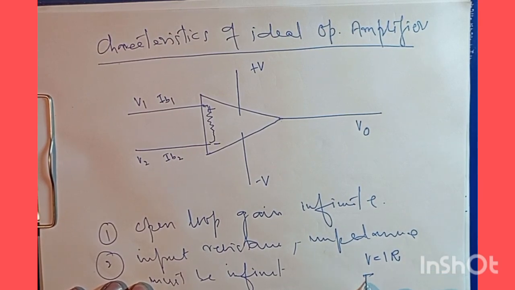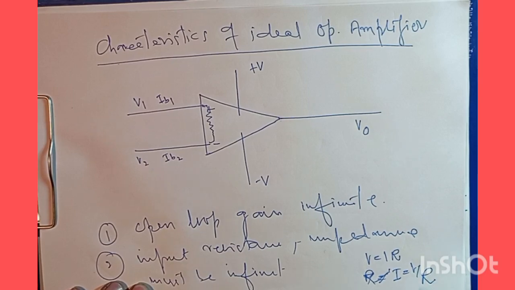So this I is V by R. Now, if we choose this resistance, or impedance, extremely large, so that it's infinite, in that case, the current will be zero.